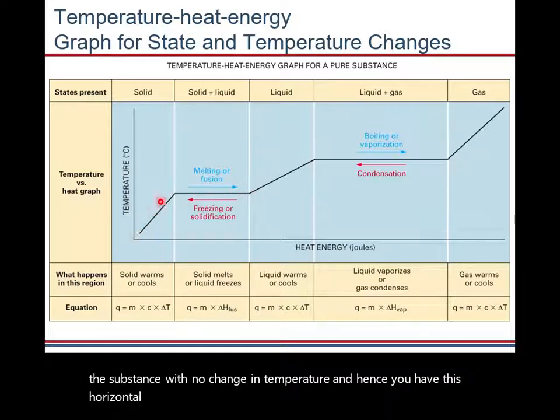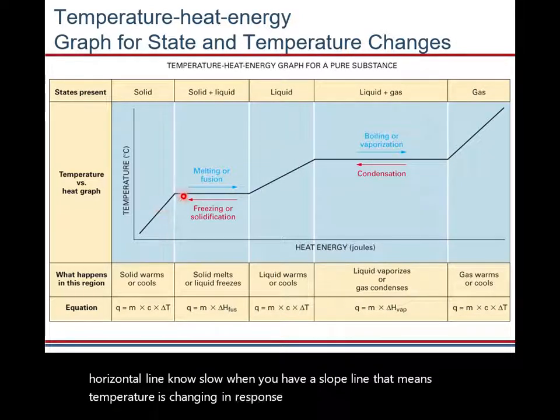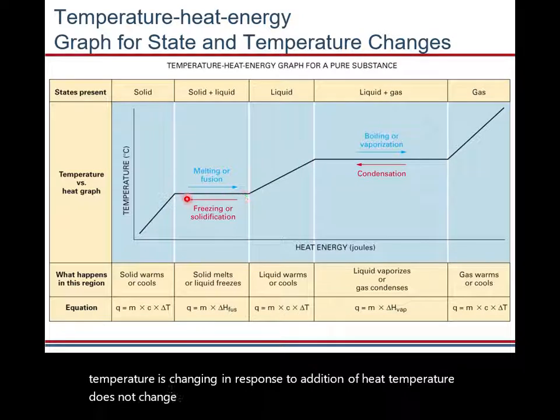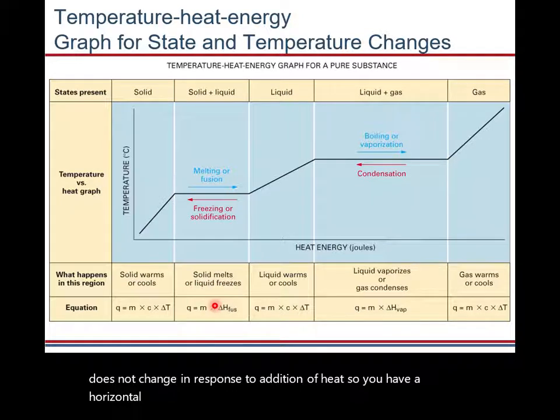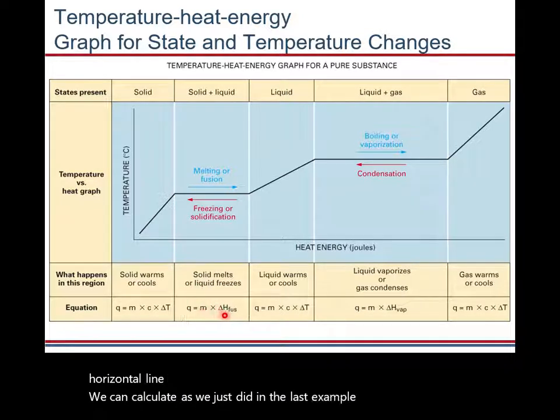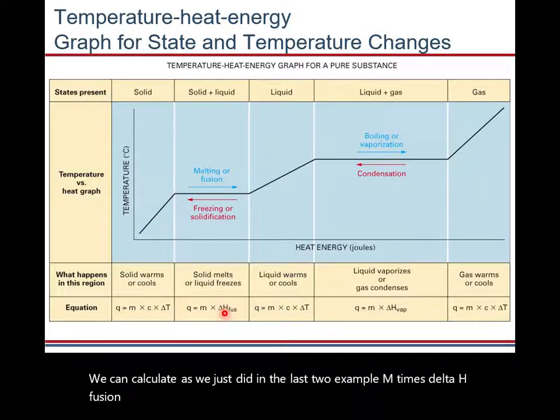When you have a sloped line, that means temperature is changing in response to addition of heat. When temperature does not change in response to addition of heat, you have a horizontal line. We can calculate, as we just did in the last two examples, m times delta H of fusion. That's Q.